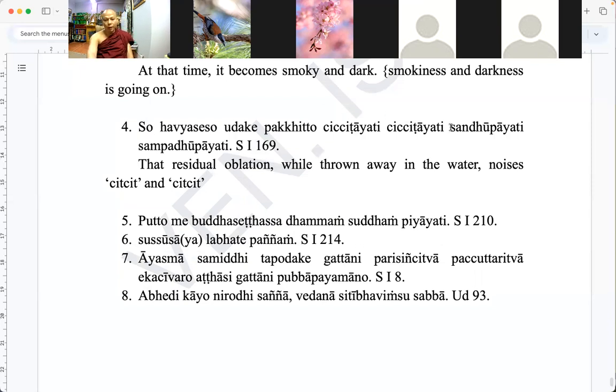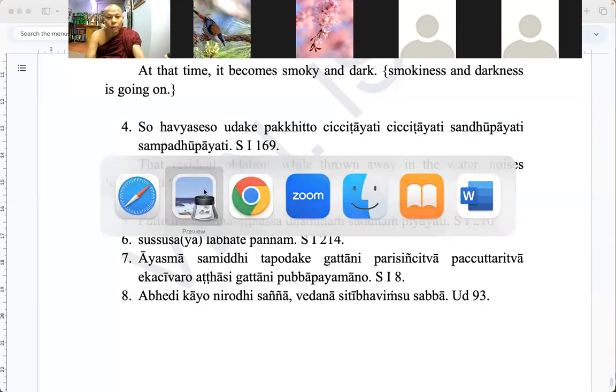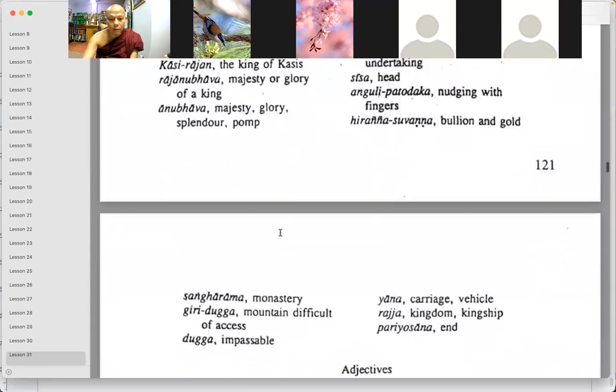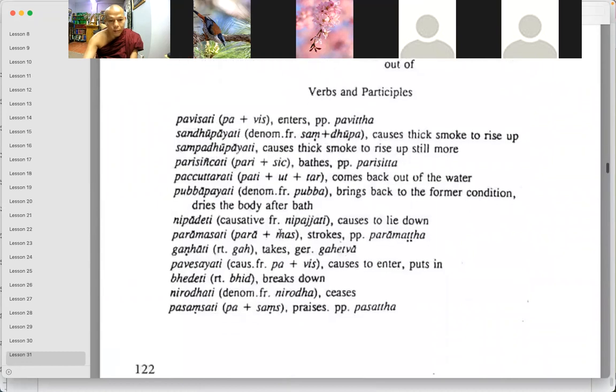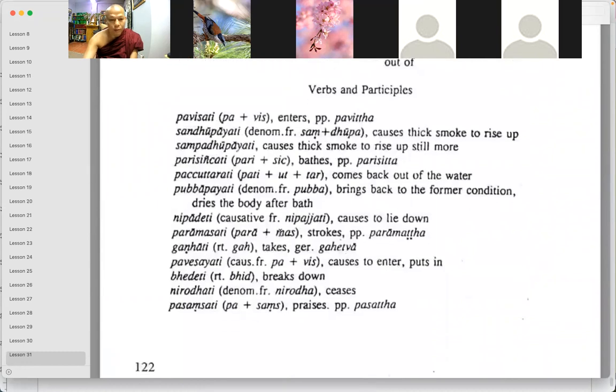And then "Sandu bayeti, Sambadu bayeti". "Sandu bayeti" is also in the list of vocabulary we already learned, maybe under the bar. "Sandu bayeti" or "Sambadu bayeti", here you see. "Sandu bayeti" means cause thick smoke.